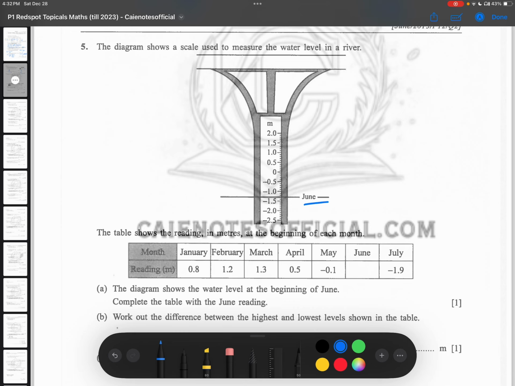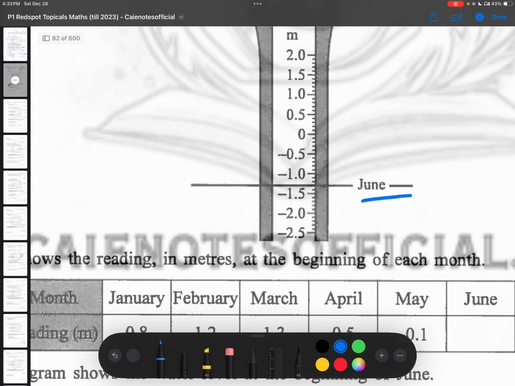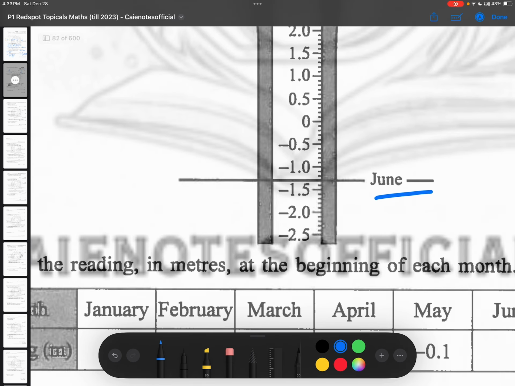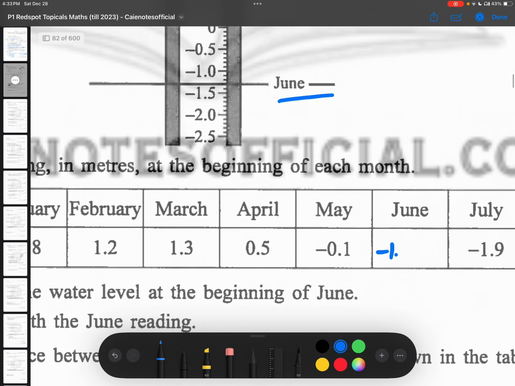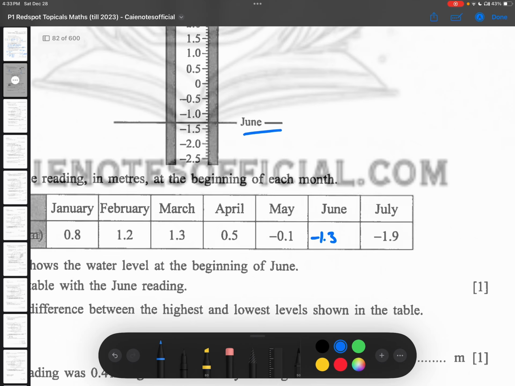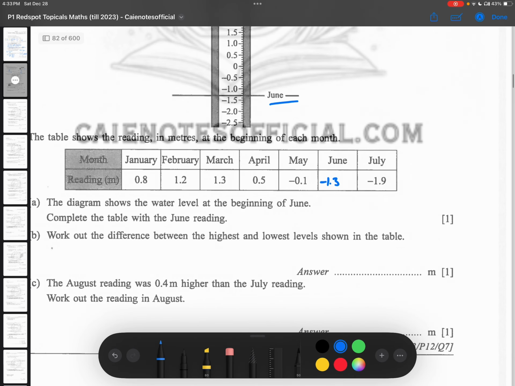So each line represents 0.1. So beneath minus 1.0 there will be minus 1.1, then minus 1.2, and then at minus 1.3 you can see the line. The line is at minus 1.3. So this is my answer for the reading for June, minus 1.3. This is part A.